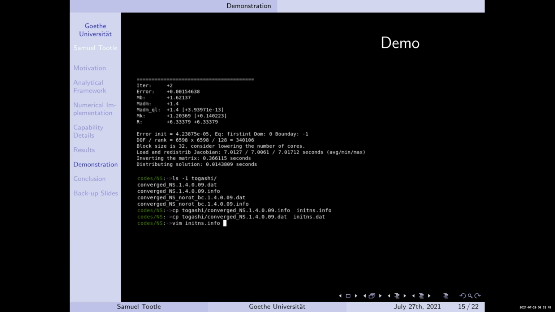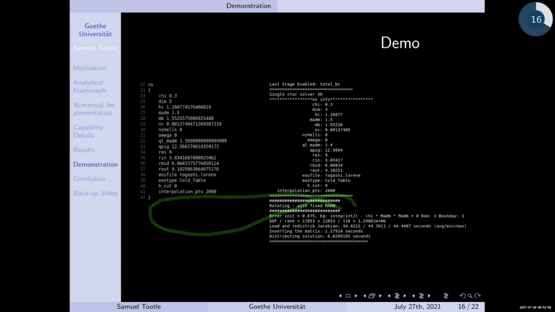But now that we have this solution, maybe we want to do something else with it. Maybe we want something higher mass, higher spinning, or whatsoever. So you can just copy it so it doesn't get overwritten, and we can look at the info file again, and we can just say, okay, I want the same system, but I want a different chi and a different NADM. And on the right side, you see again, now we're just solving the same thing, only in this case, it's rotating. So our degrees of freedom are higher.